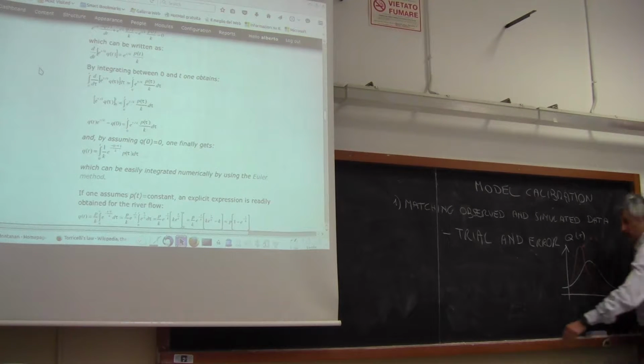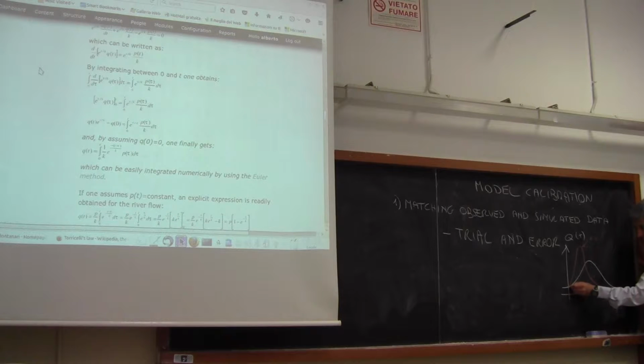So you take another K value, and you may get something like this. Okay, this is K2. K2 is larger than K1. But in this case, you see that you got to the opposite situation, where K is too large.